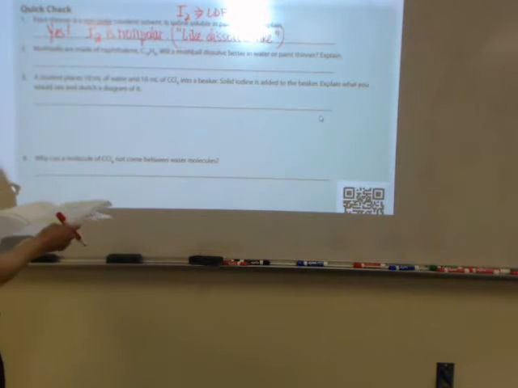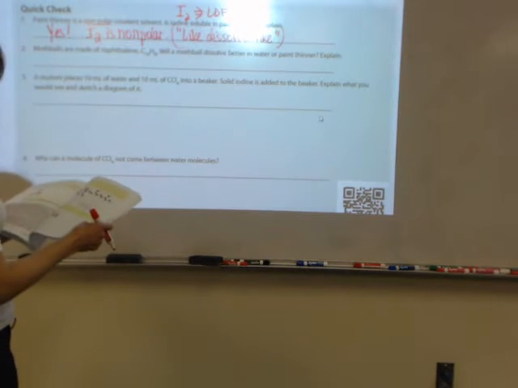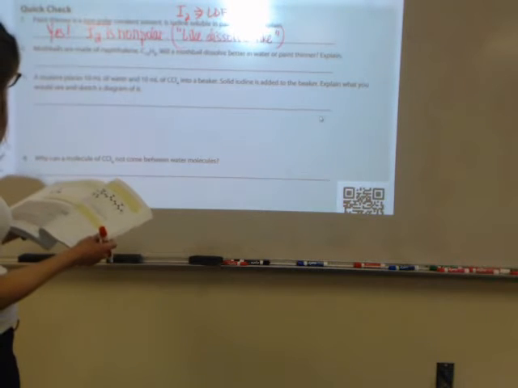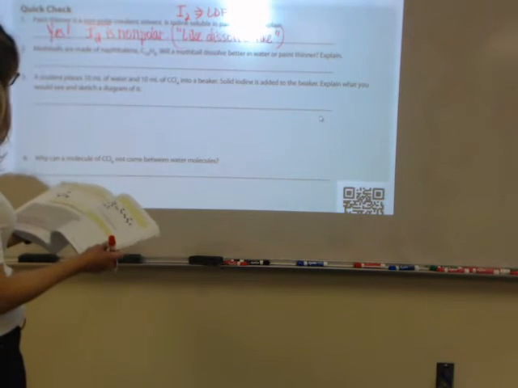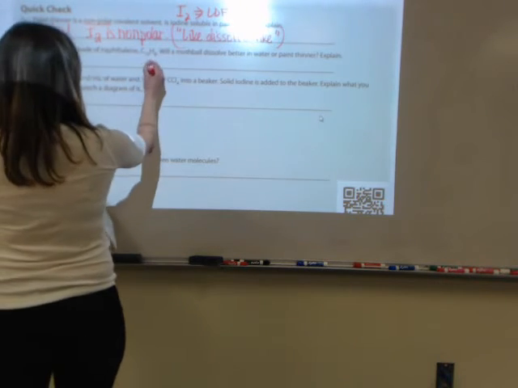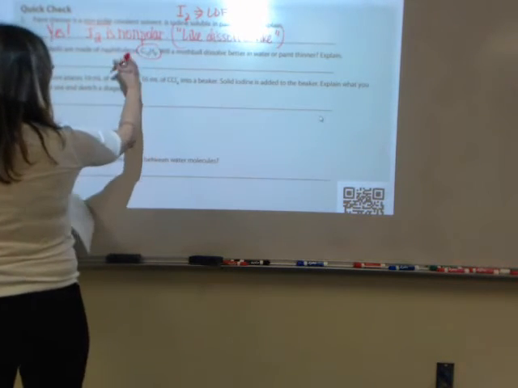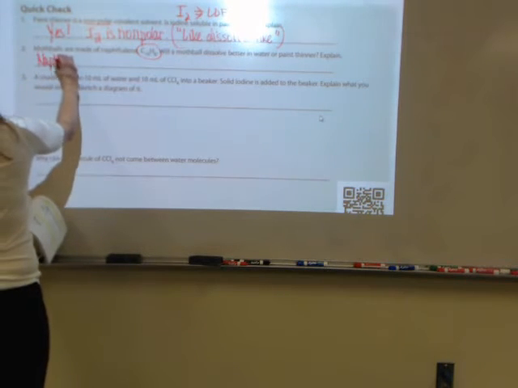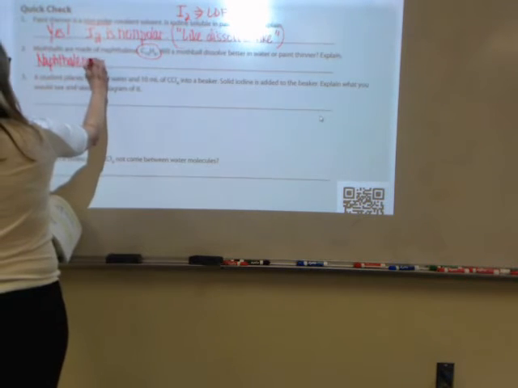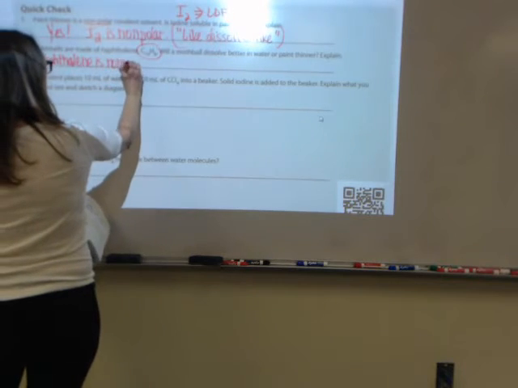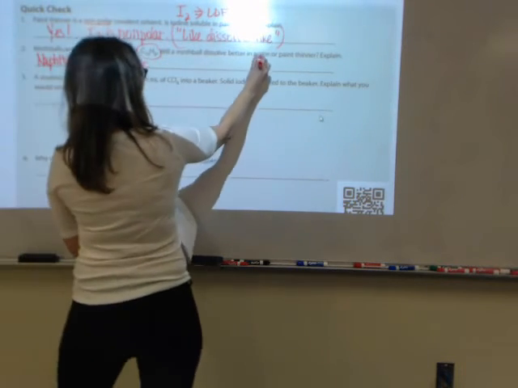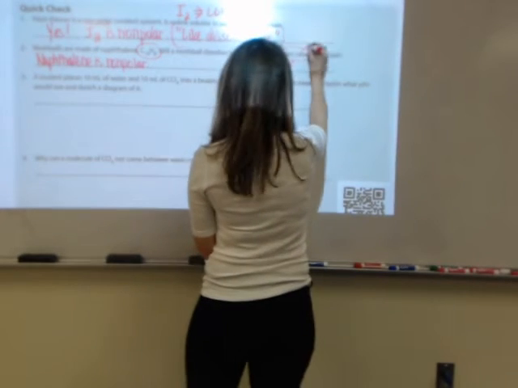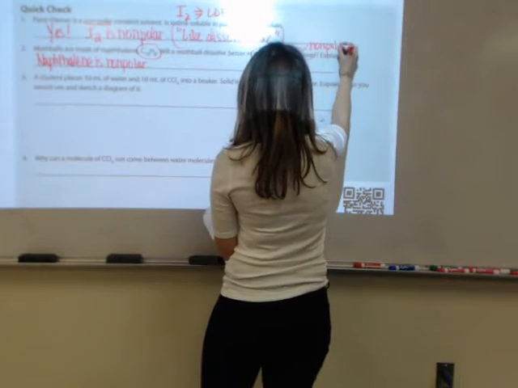Number 2, mothballs are made of naphthalene, C10H8. Will a mothball dissolve better in water or paint thinner? Well, naphthalene, if it's only made up of carbon and hydrogen, and it's a long hydrocarbon chain, that means naphthalene is nonpolar, and water is polar, and just up above they told us that paint thinner was nonpolar.